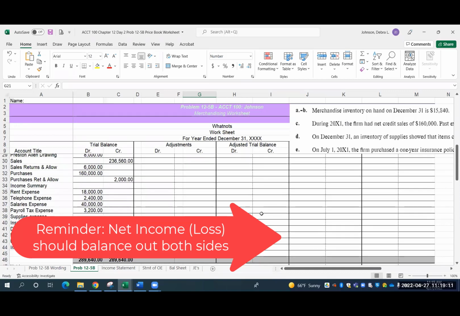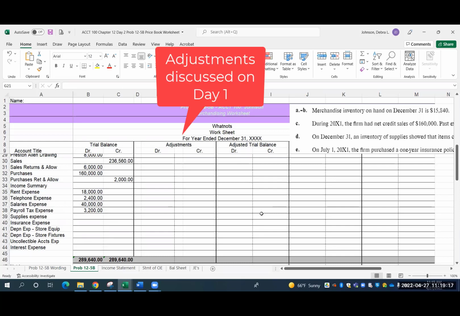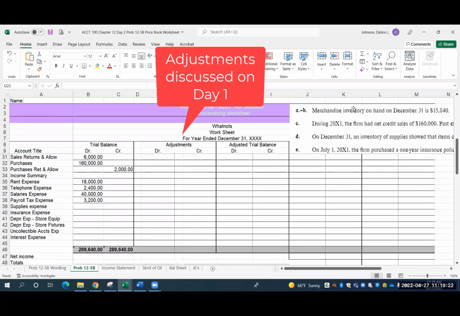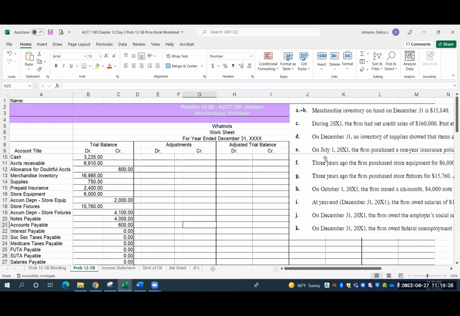We spent 100% of the last class talking about all these adjusting entries. We went through examples of each one, and then we tried a fairly difficult homework problem. Now we're going to do the same thing, but we're going to complete it on a worksheet instead.